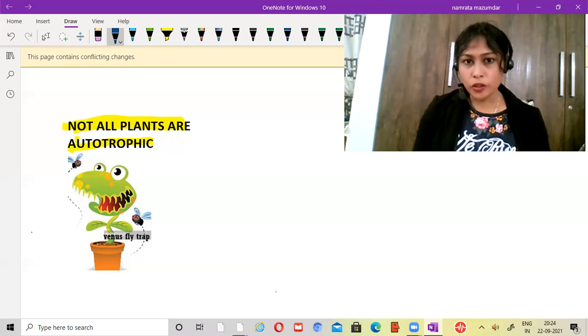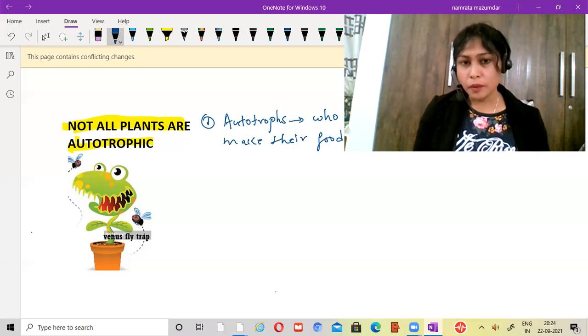So, what are autotrophs? Autotrophs are nothing but the producers. Producers are the plants that can make their own food from raw materials like sunlight and water.